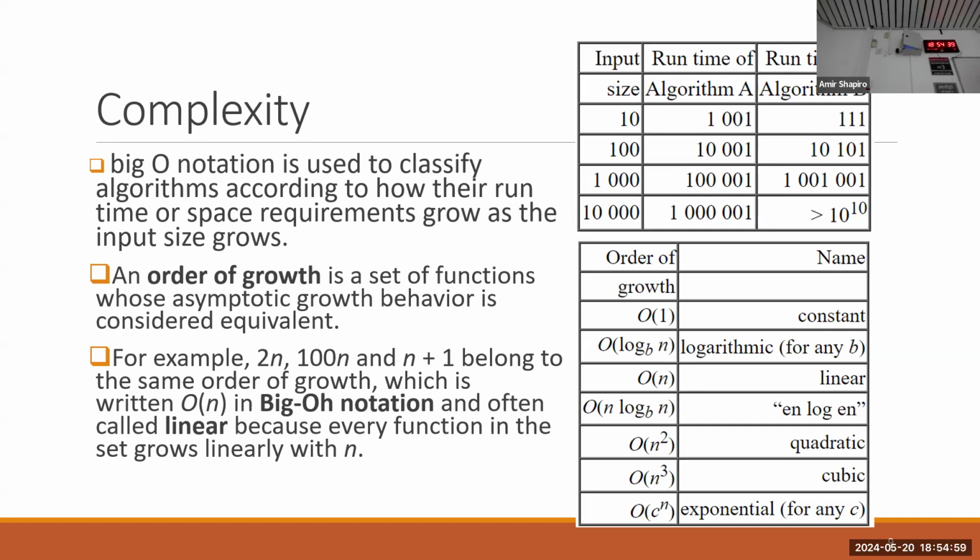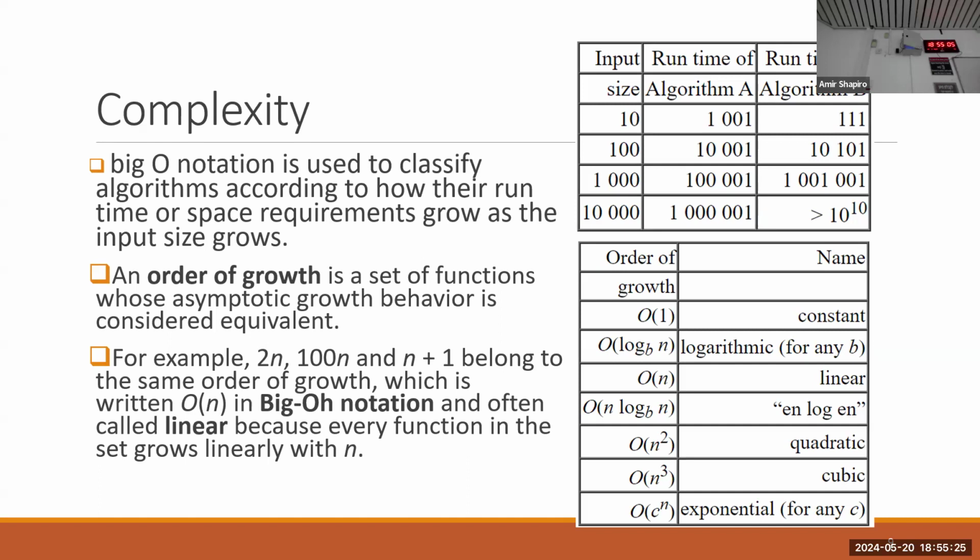It's not the actual time or the actual amount of computation needed. An order of growth is a set of functions whose asymptotic growth behavior is considered equivalent. So it's the same order of magnitude.